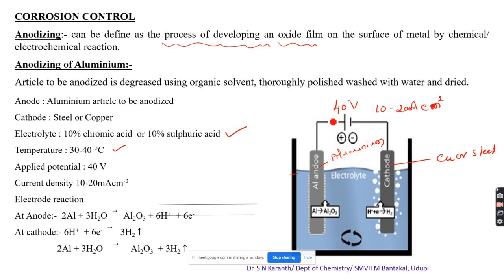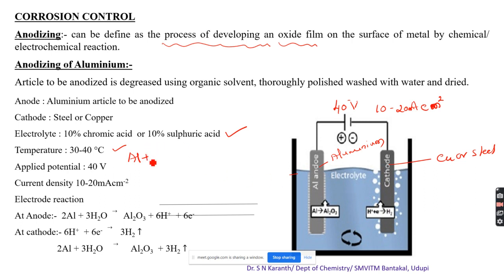Then what are the possible electrode reactions? Always the anode reaction is an oxidation reaction. What is the component present in the anode? The anode component is aluminium, and here the electrolyte is chromic acid or sulfuric acid, only 10%.